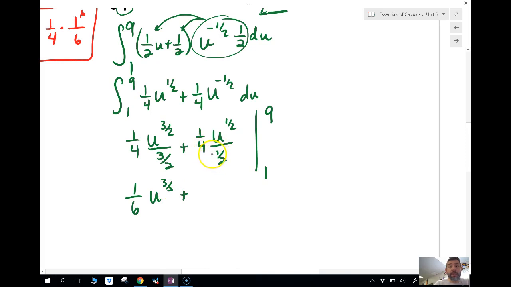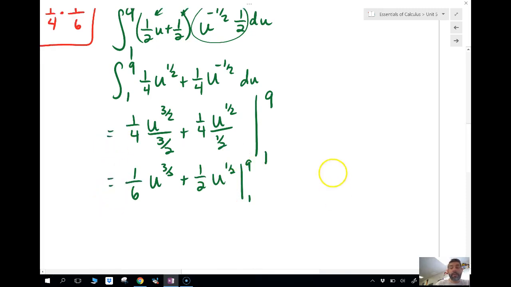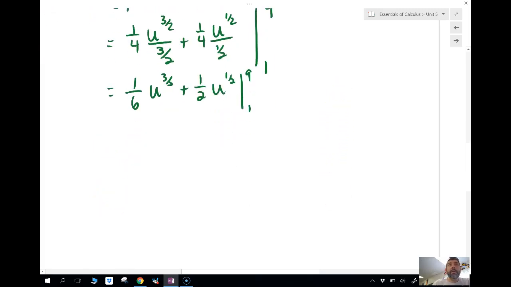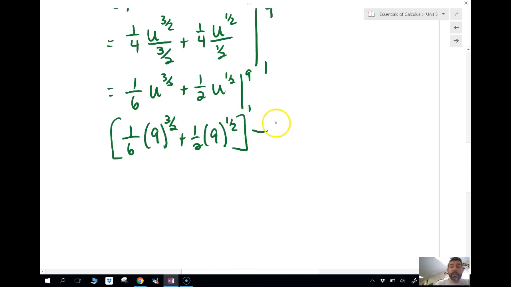And this is going to be 1/2. Then I'm going to plug in 9. I'm going to get 1/6 times 9 to the 3/2 plus 1/2 times 9 to the 1/2. And then I'm going to plug in 1. 1/6 times 1 to the 3/2 plus 1/2 times 1 to the 1/2.